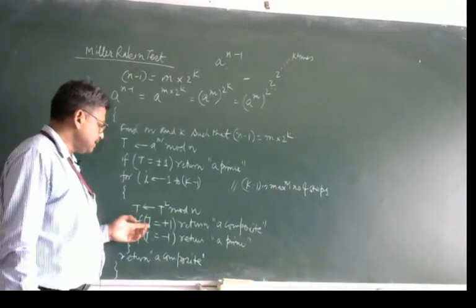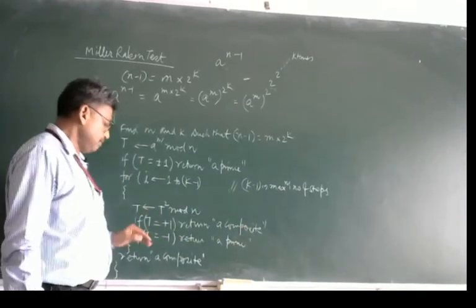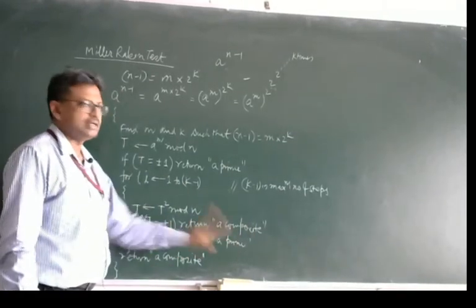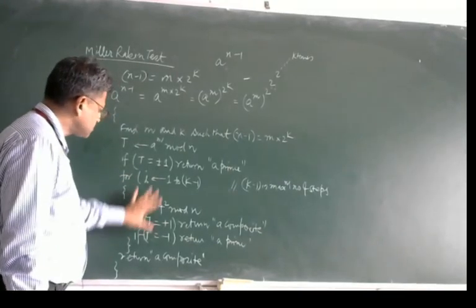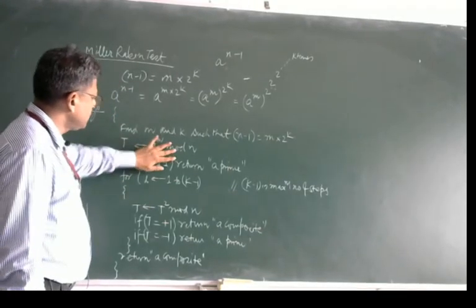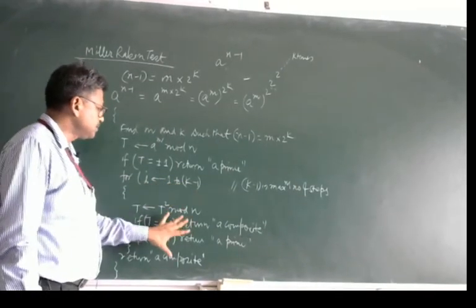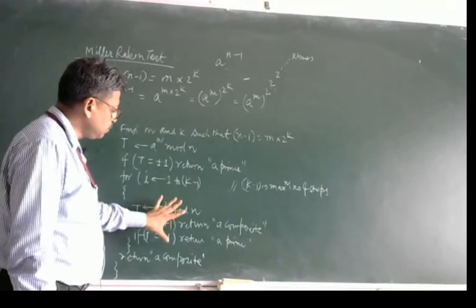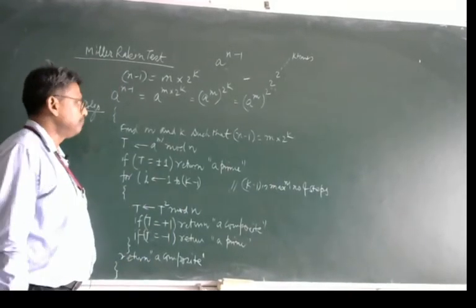If t is equal to plus 1, we say it is a composite number. But if t is minus 1, we say it is a prime number. And if the iteration from 1 to k minus 1 is over and no result comes, we declare that the number is composite.